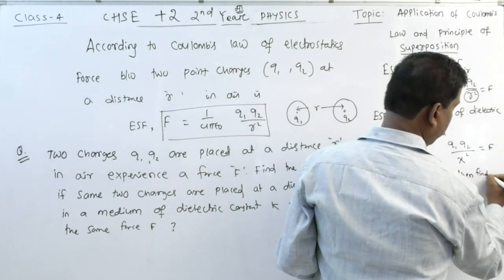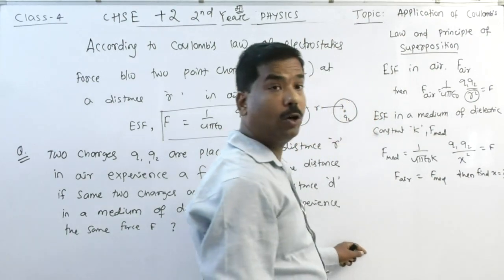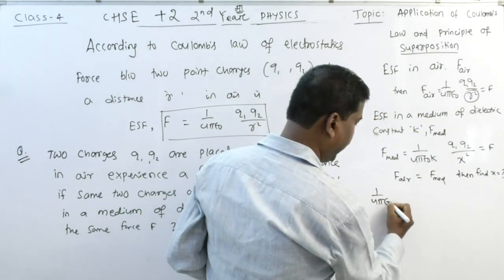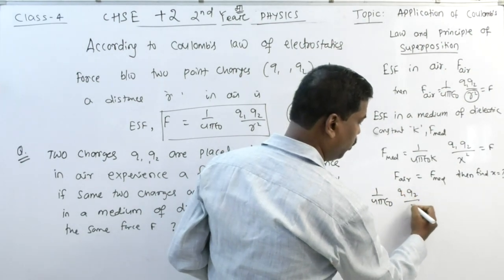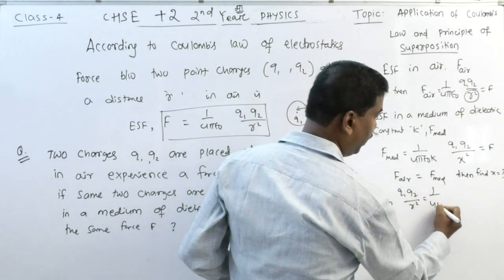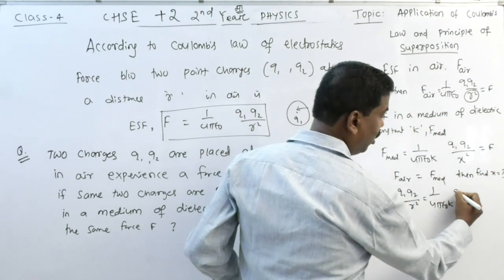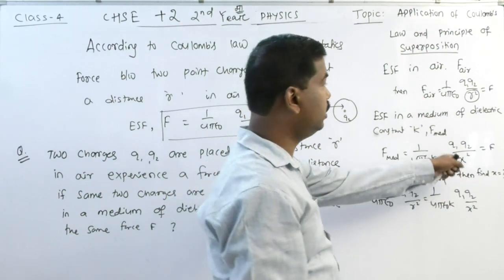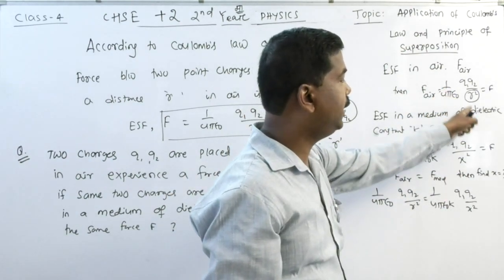So 1 by 4 pi epsilon 0 Q1 Q2 by r square is equal to 1 by 4 pi epsilon 0 K Q1 Q2 by x square, because these two forces are the same, only the distance is different.